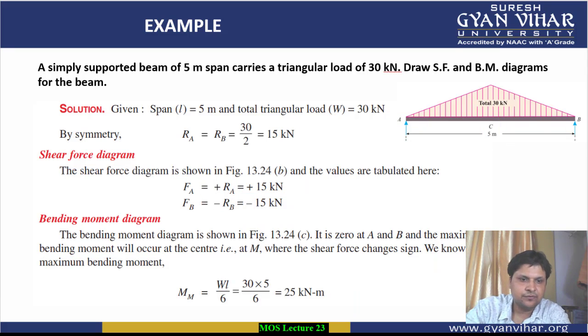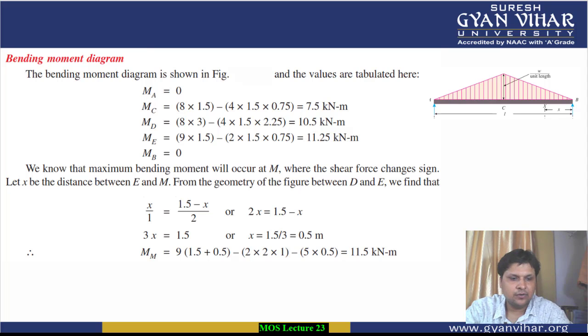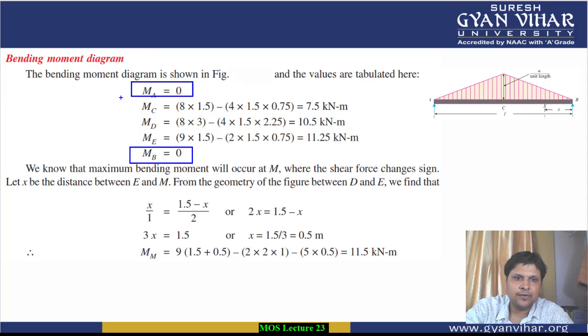So after calculation of this, we can draw now. See, bending moment at A and B, the points at which you have the supports, is equal to 0. At point C, you will have to calculate the bending moment. So how will you calculate at point C? You can take any of the sides. See, the reaction at point B is 8, and into its distance.